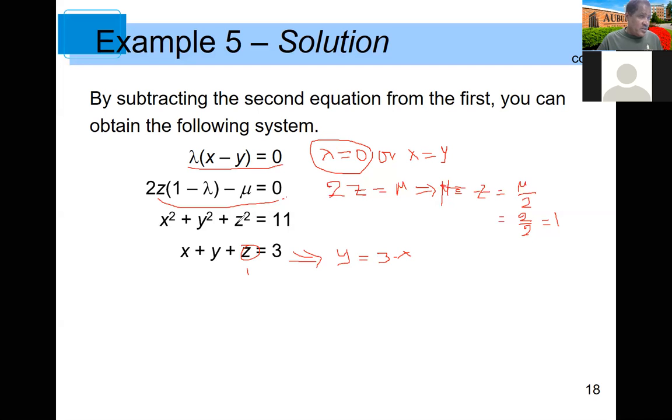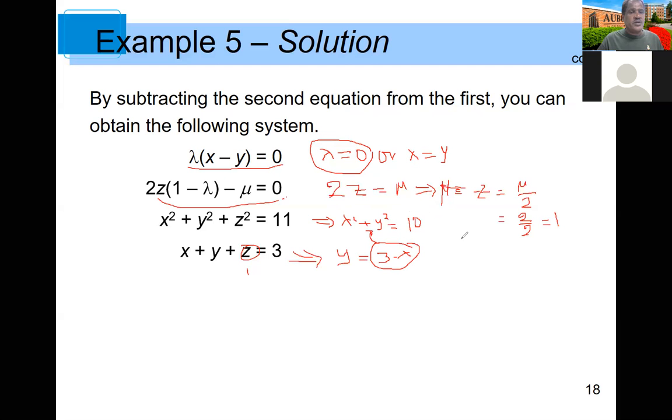And if z is 1, this will be x squared plus y squared is equal to 10, because z is 1, 11 minus 1. And in place of y, put this 3 minus x.